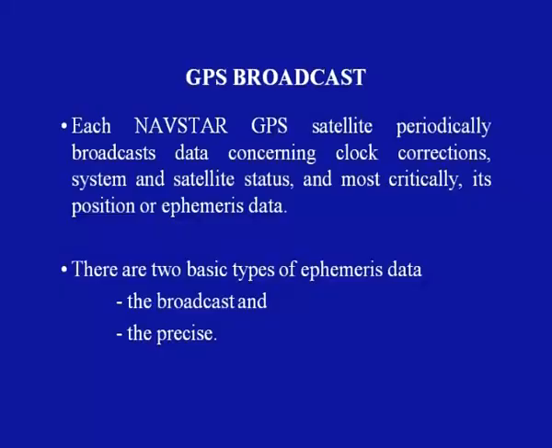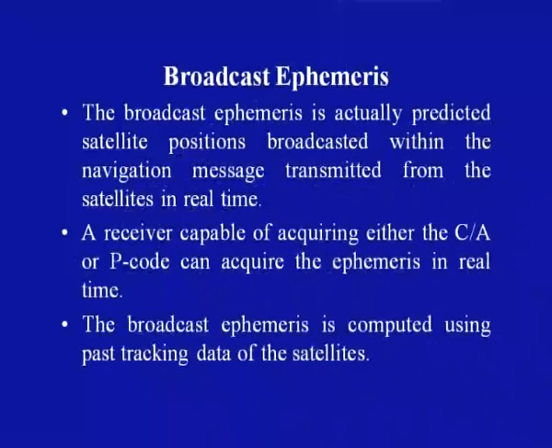So, let us look at what are the two basic types of ephemeris data that we have. First is the broadcast and the second is the precise. So, let us look at each of them one by one. The broadcast ephemeris is the first which needs to be understood.